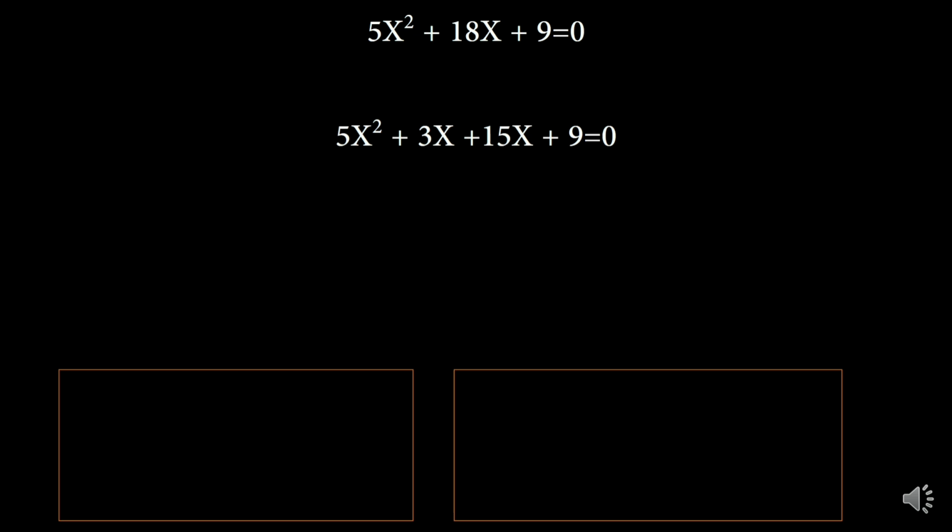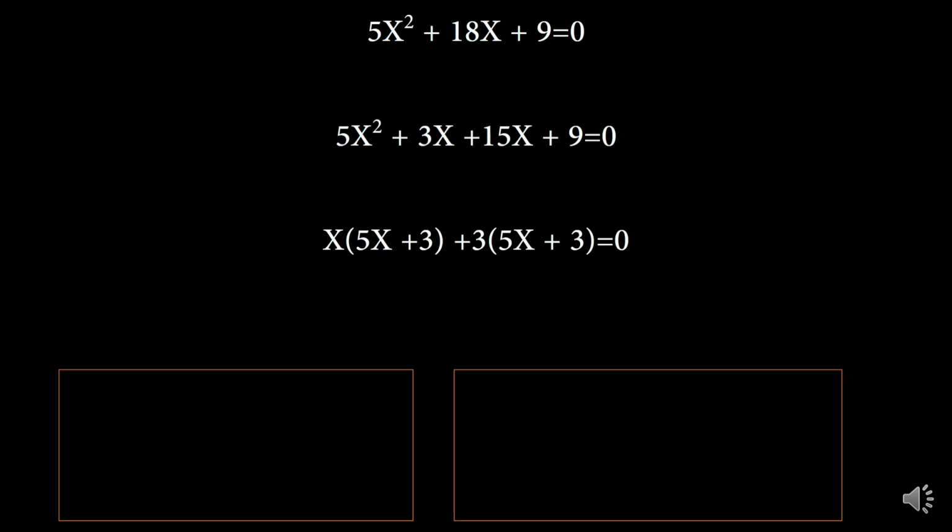Then the next step is to factor by grouping. So how do we do that? That will give us open bracket 5x squared plus 3x close bracket plus open bracket 15x plus 9 close bracket is equal to 0. Then after that, the step is to take the greatest common factor.